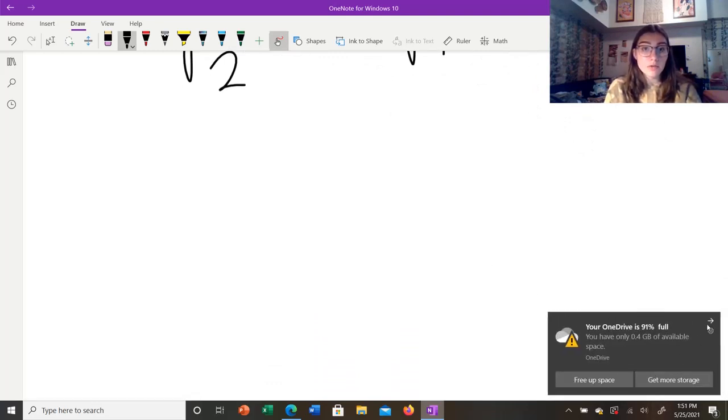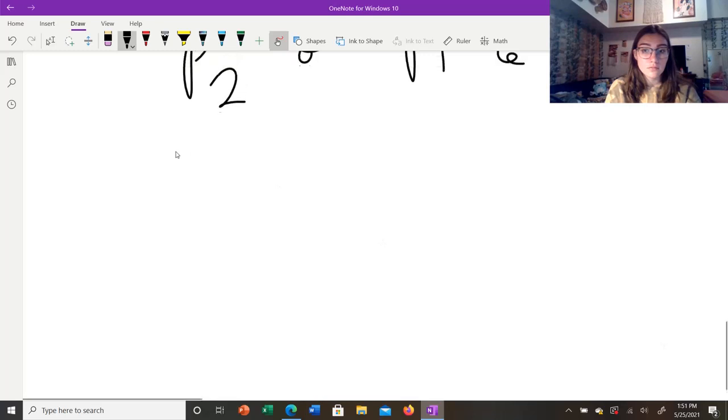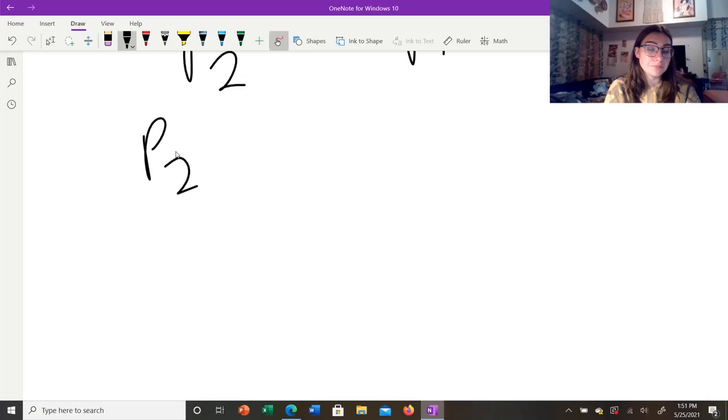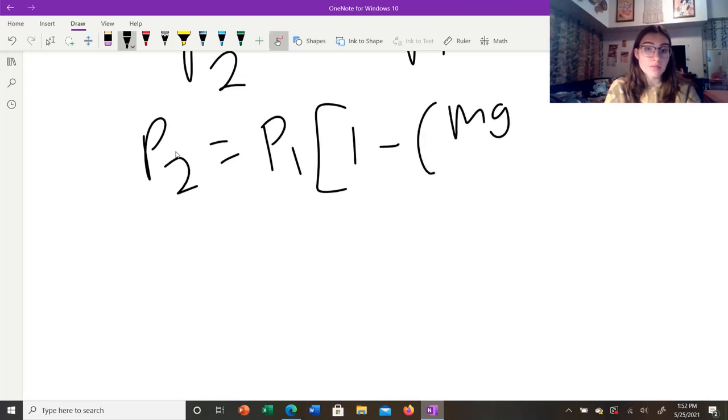Let me get rid of this, I don't want it to get in the way. Let's keep going because we're almost done. This is our final step for our pressure. So the pressure equals P1, same kind of stuff as before, (gamma minus 1) over gamma. Oh wait, no, because we're taking it to the power, so let me fix this.